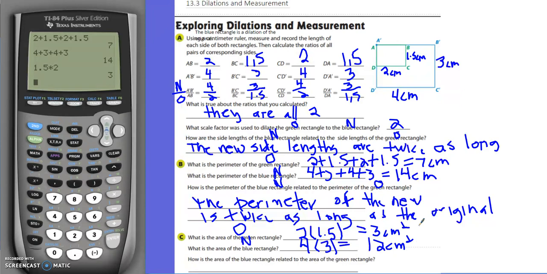How is the area of the new related to the original? So if we do new to original, we get 4. So the new is 4 times the original.